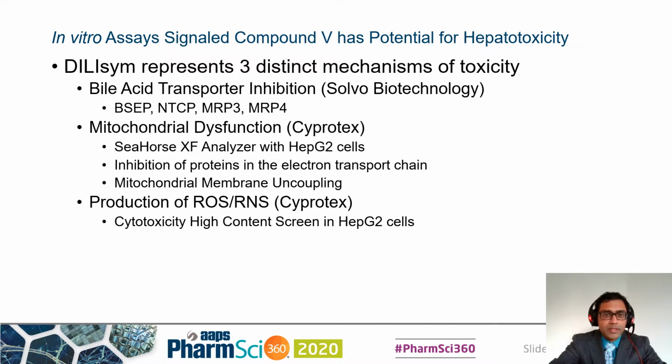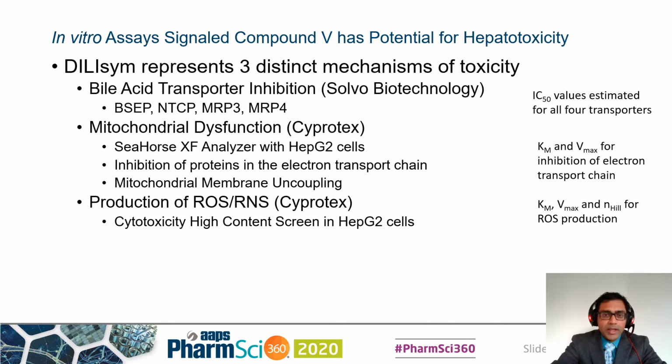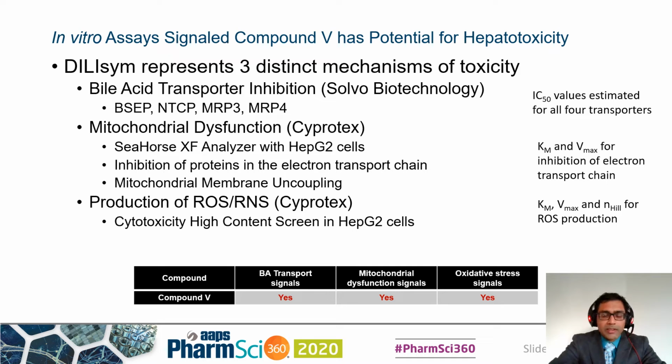The last is the production of reactive oxygen species or reactive nitrogen species. Again, Cyprotex has a great high content screen assay that we use on hepatocytes as well. So our compound of interest here, compound V, unfortunately gave signals for all three different mechanisms of toxicity that we look at.